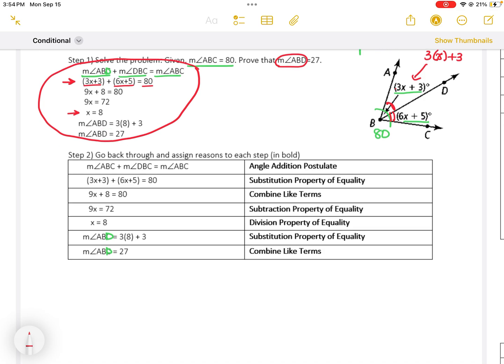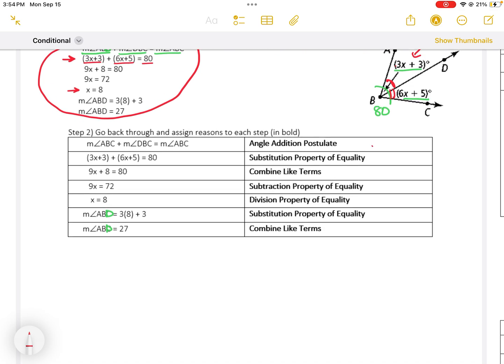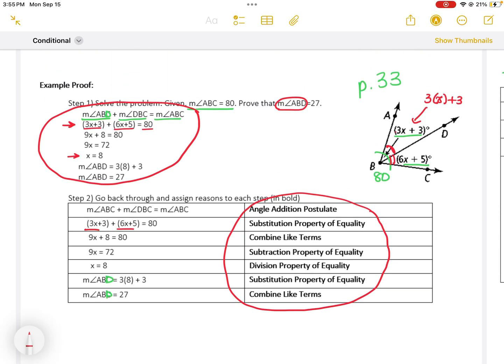The only thing we're adding to it is the different reasons. Okay, so angle addition postulate, then we substituted in the expressions for each angle, and then we did our algebra to solve it. So let's take a look at some problems.